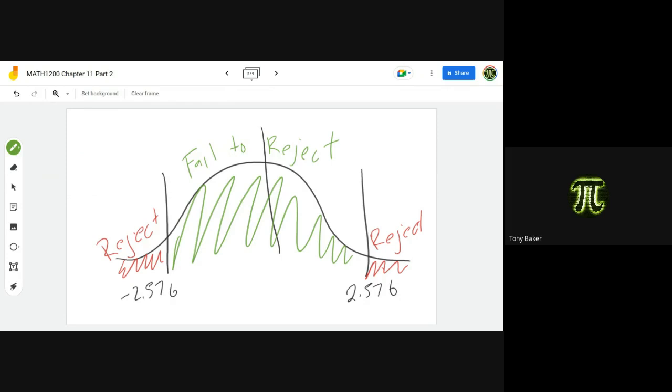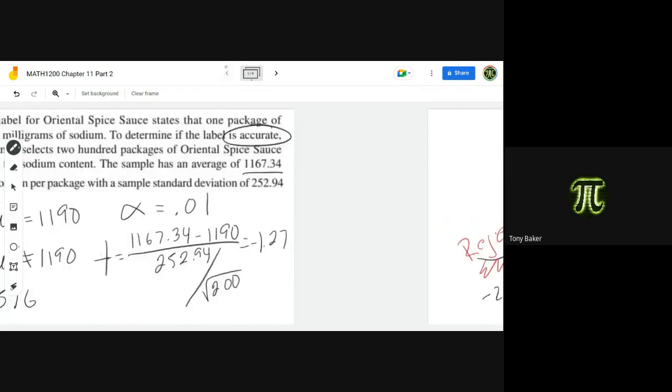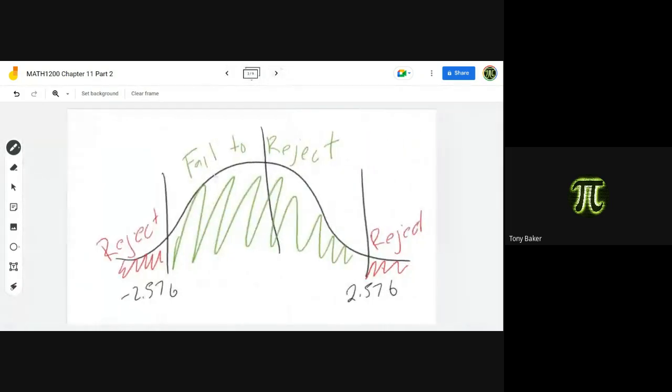The t-score we got from the calculation is what the problem is stating. So negative 1.27 falls here, in my fail to reject column.